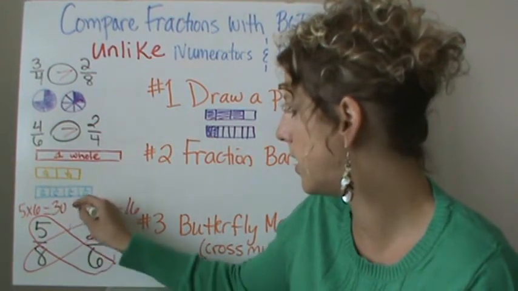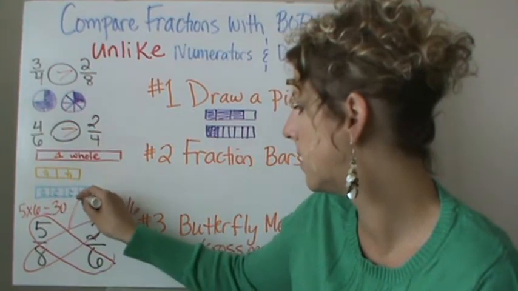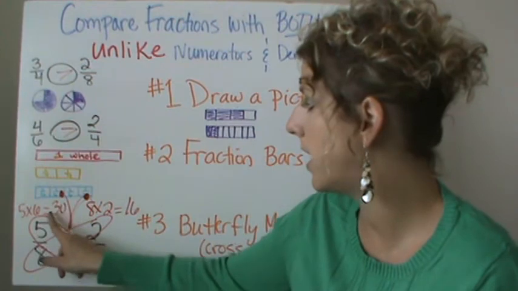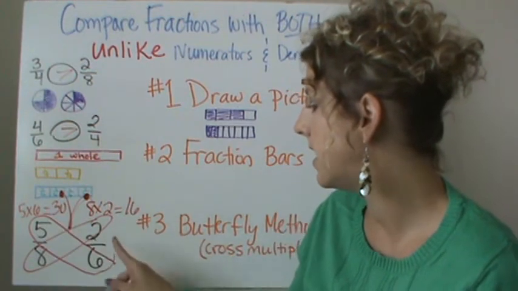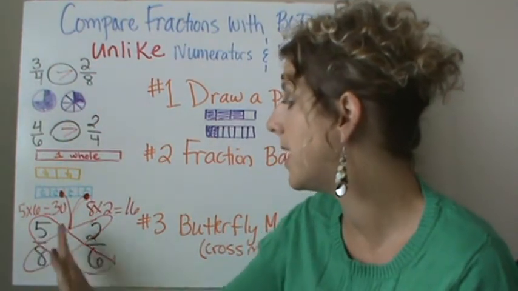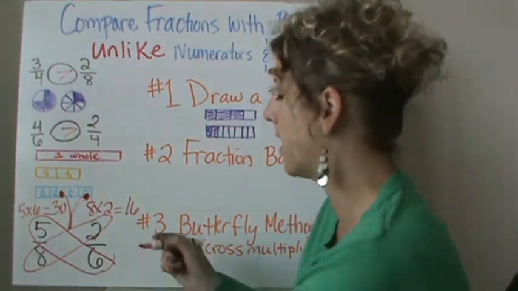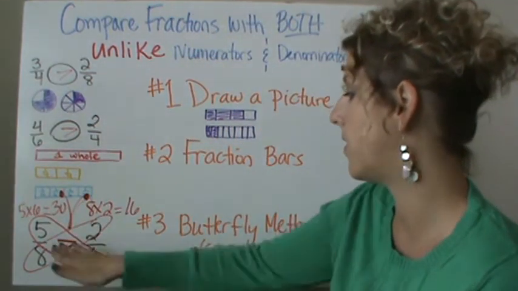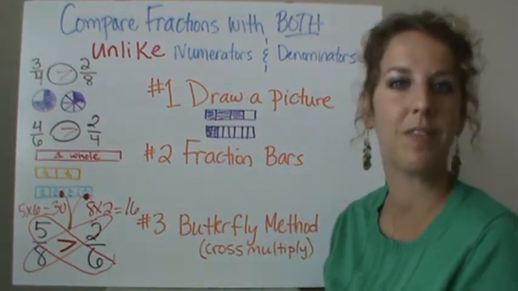And then you draw your little antennas. And you can see that 30 goes with 5/8, 16 goes with 2/6. So 5/8 would be bigger or greater than 2/6. 5/8 is greater than 2/6. That's the butterfly method.